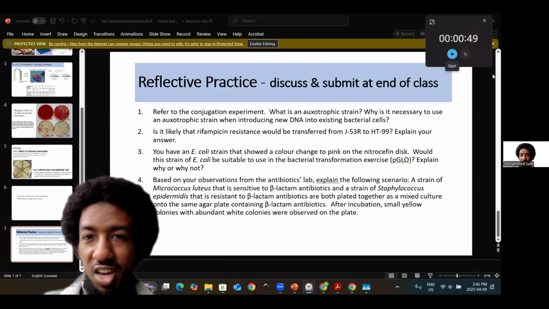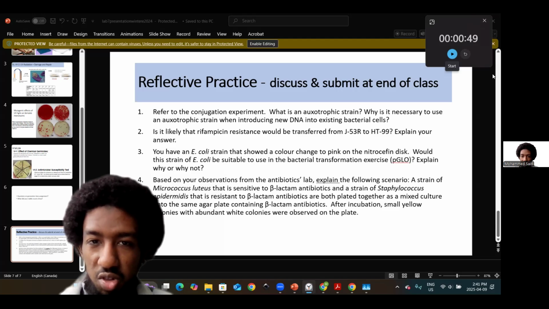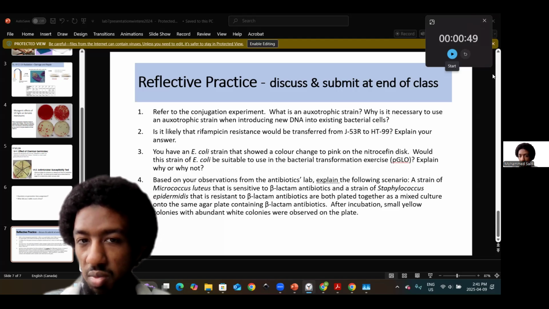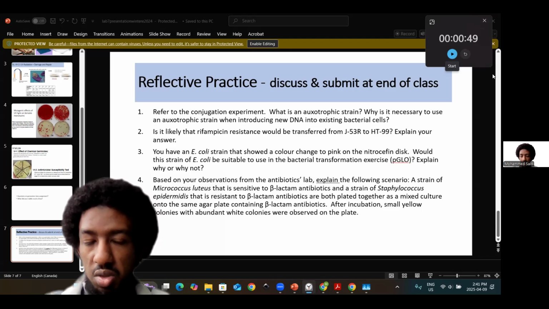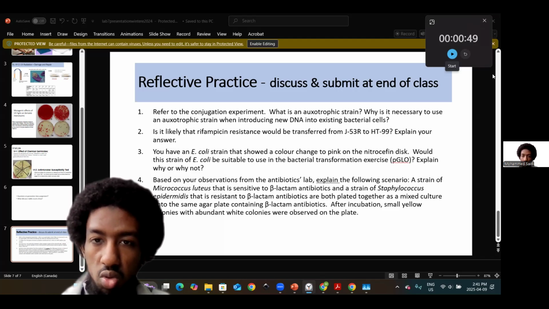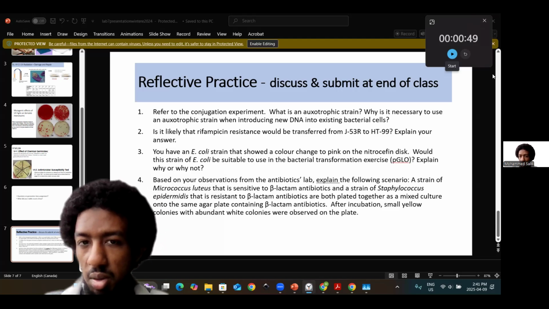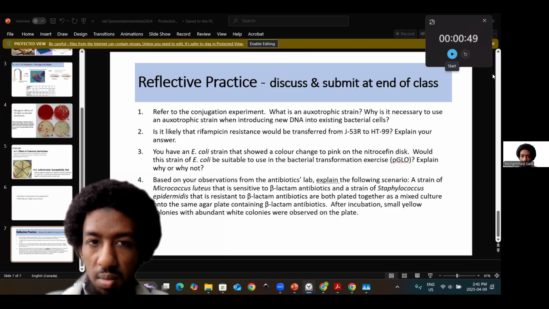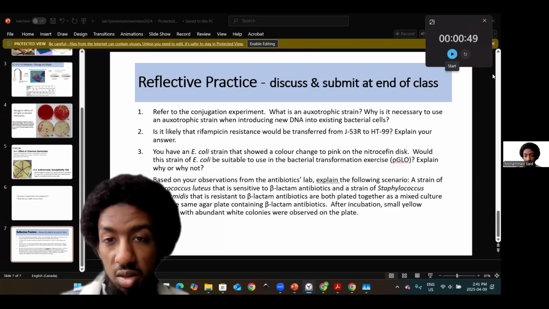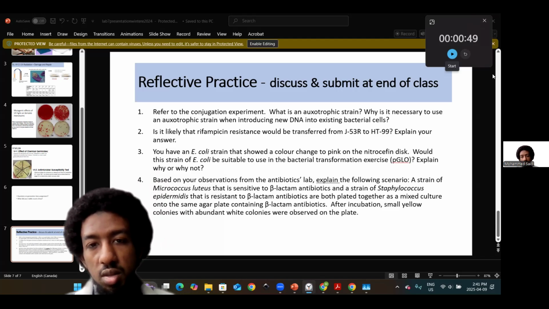Think about the connections, by the way. You have conjugation being mentioned and referenced in terms of the strains that are being used, right? Why is it necessary to use an auxotrophic strain when introducing new DNA into existing bacterial cells? Think about the application, right? Why would you? Look back into the manual to see this further.